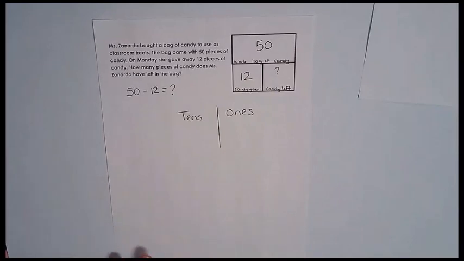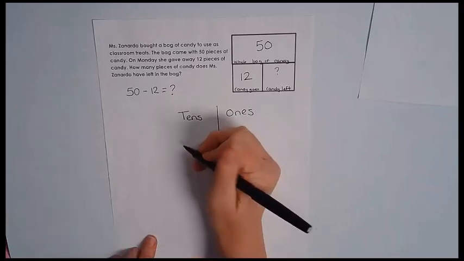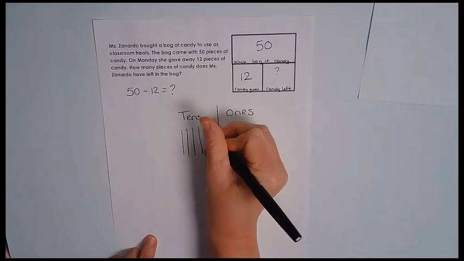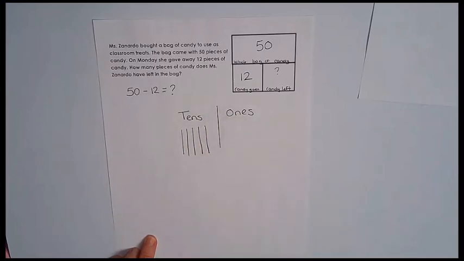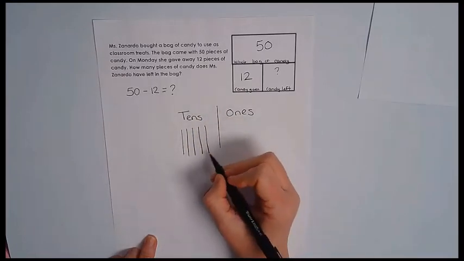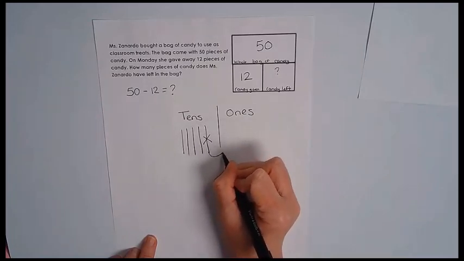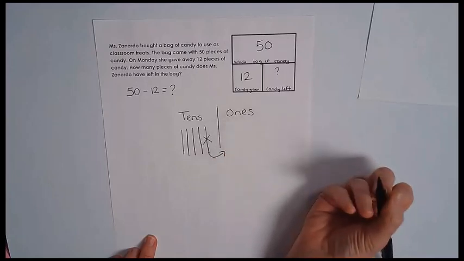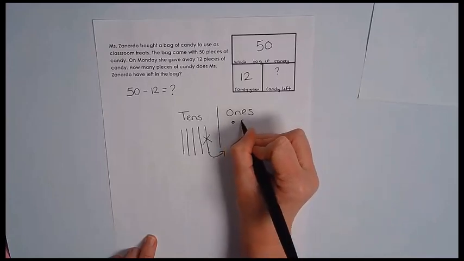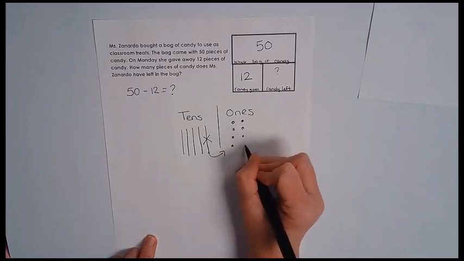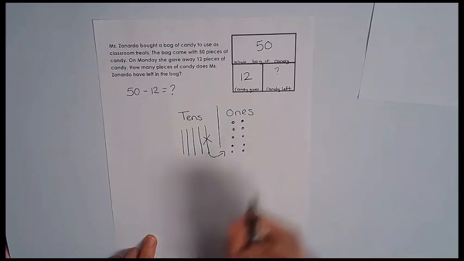But to model this using a drawing, I would draw my 5 tens, 10, 20, 30, 40, 50, and show the decomposing of the 10 into 10 ones with a picture. 1, 2, 3, 4, 5, 6, 7, 8, 9, 10.